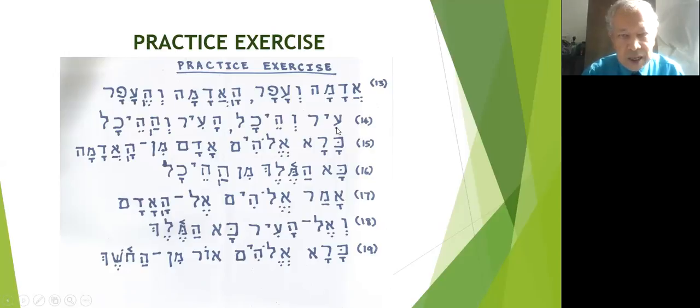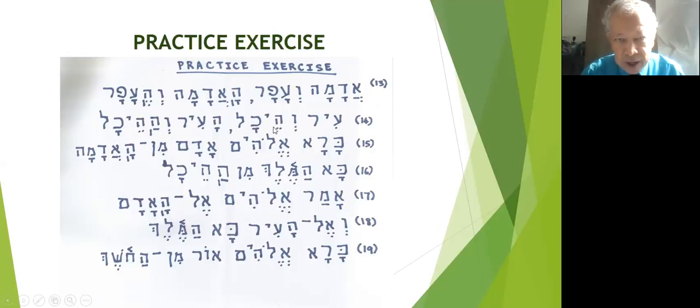Number 14, we have ir, ve, hekal. Ir means city, ve is and, and hekal may be translated either as temple or palace, depending on the context in which it is used.